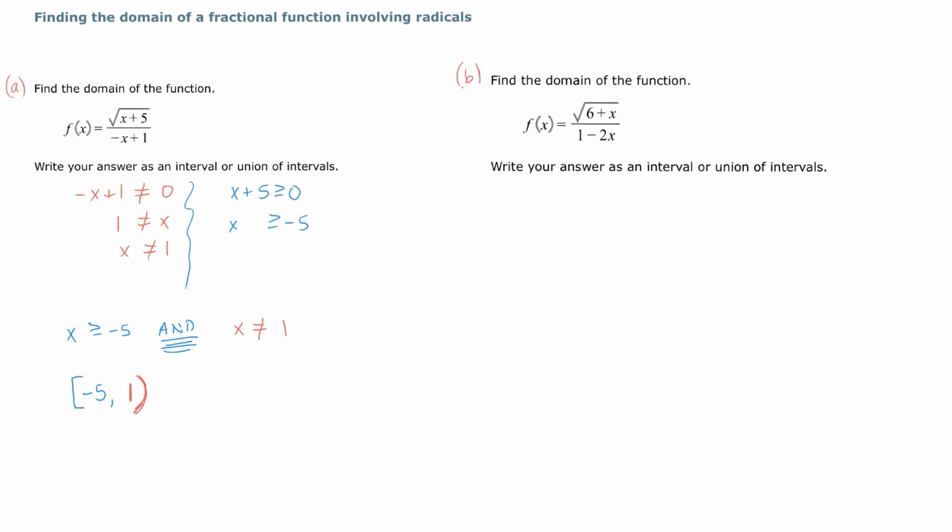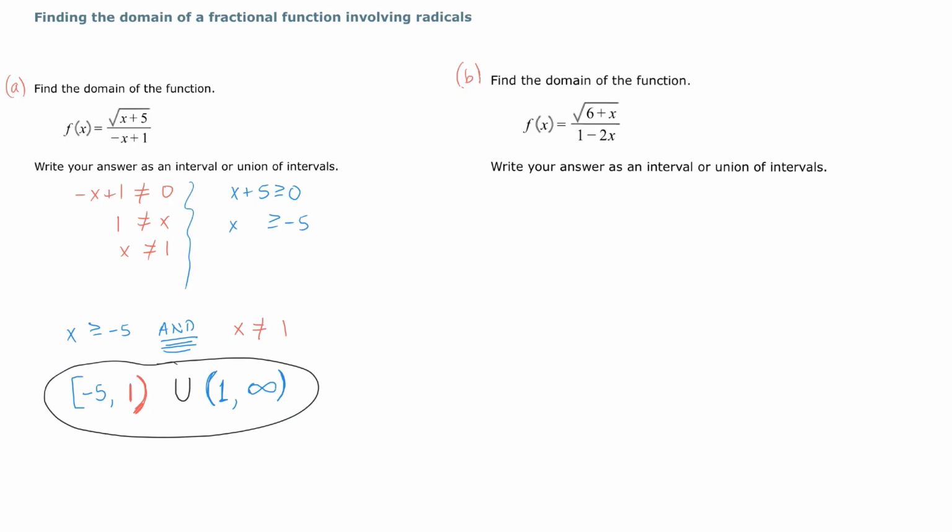We can go more than 1, so we write union, and then we continue shading. Write another parenthesis, write 1, and then we shade up to infinity, or we shade towards the concept of infinity. That's our final answer for part A.